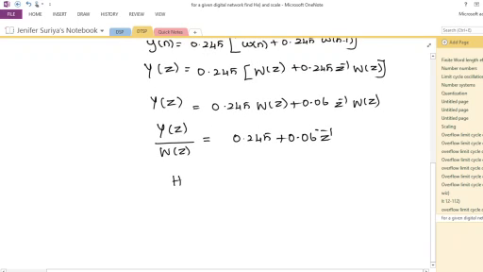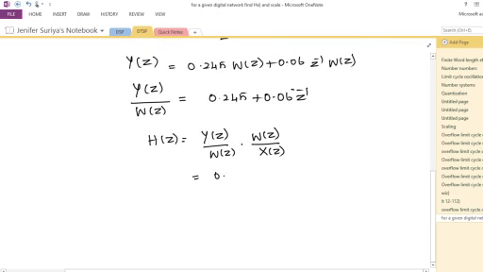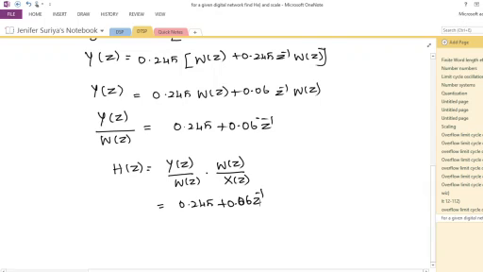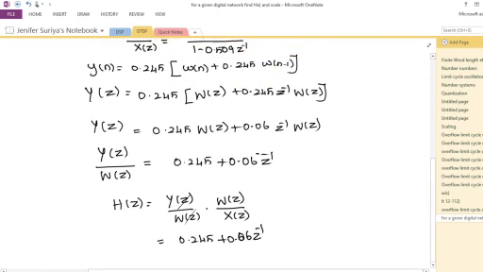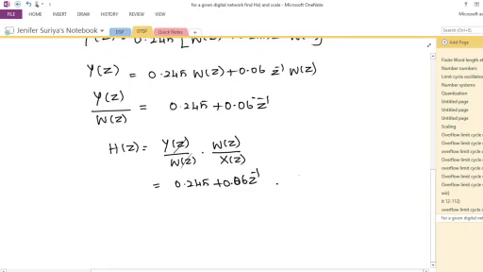For the transfer function H of z, we have the term Y of z by W of z into W of z by X of z. So we know both the terms. I am just substituting the values: 0.245 plus 0.06 z inverse is for Y of z by W of z, and for W of z by X of z, that is S by 1 minus 0.509 Z inverse.